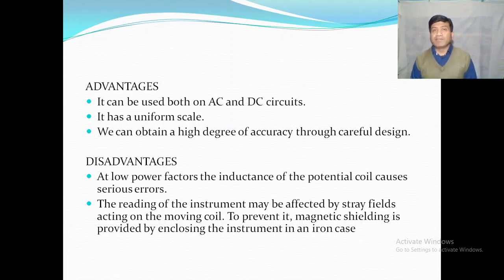Stray fields are the fields which are present outside the instrument, and they are not the part of the instrument. They are present in the ambient atmosphere, and they are not part of the instrument, but they are capable of affecting these instruments.